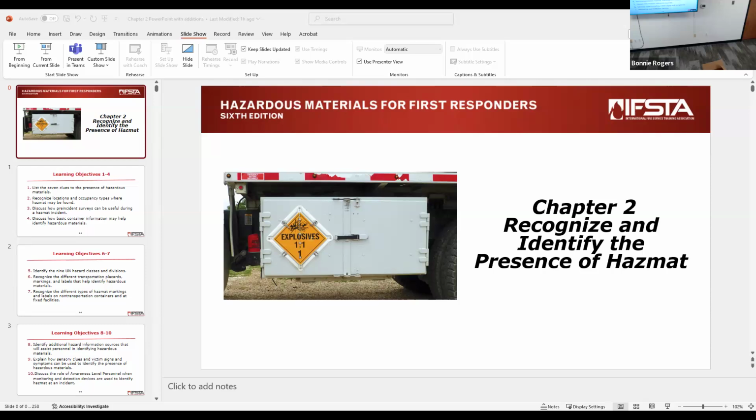Now a portion of our transportation locations. Look on pages 33 and 34. Which of the roadways are more likely to have hazardous materials transported on them?